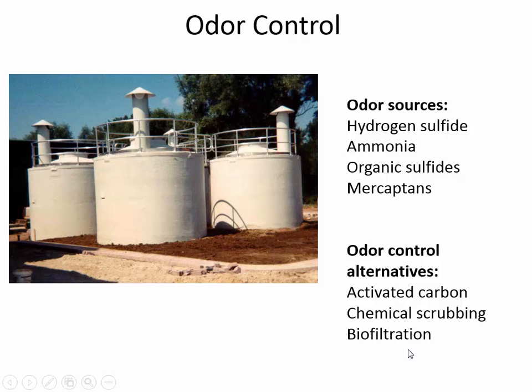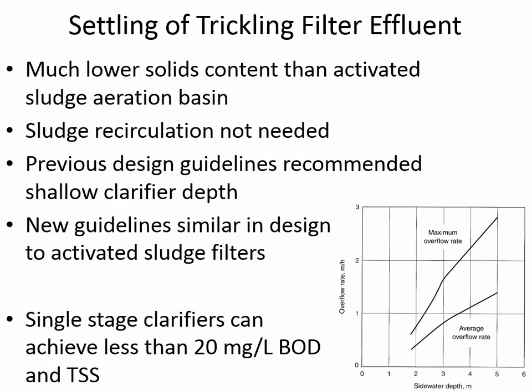Or biofiltration would be the use of microorganisms that actually can take the sulfur containing compounds that have volatilized out of the air. They're probably a little less common for municipal wastewater. Activated carbon and chemical scrubbing would be the most common.